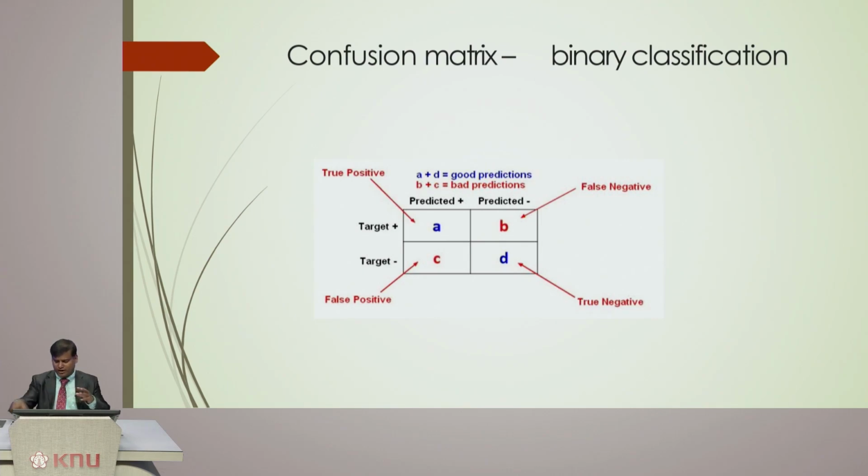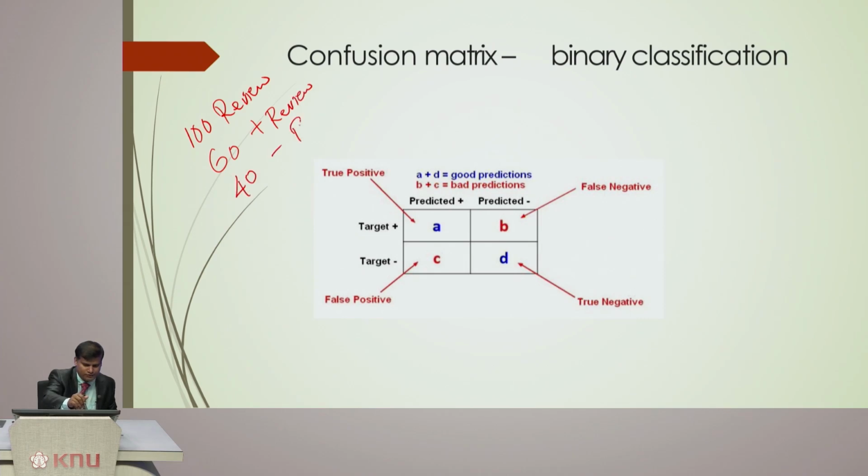Say for example, I have 100 reviews, and in these 100 reviews, suppose we have 60 positive reviews and 40 negative reviews.